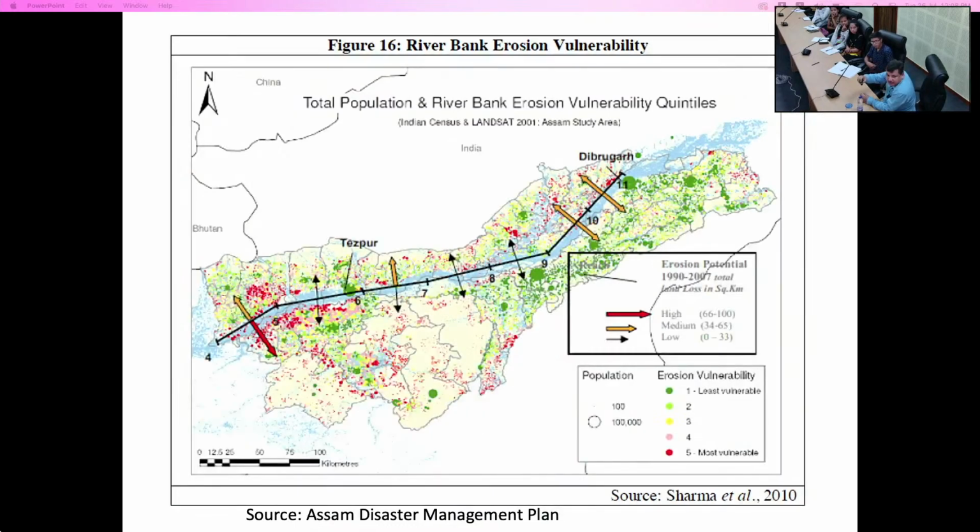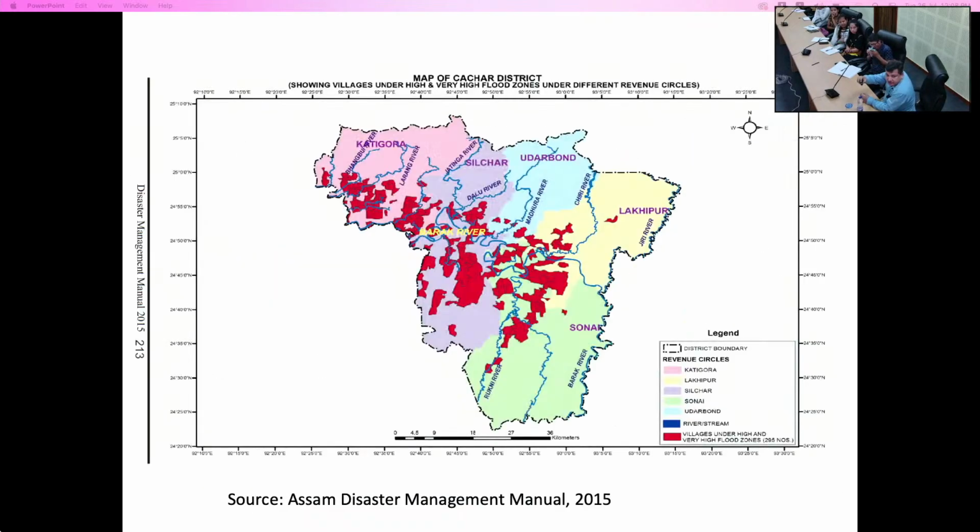So, my last example is this flood hazard map, which shows villages or wards or whatever it is, areas under high flood or very high flood.